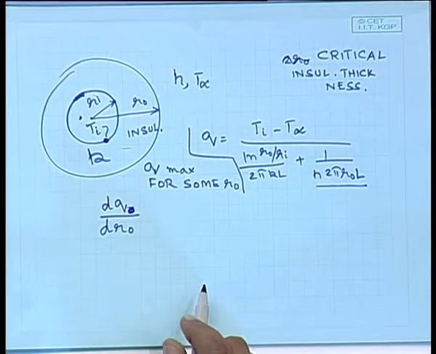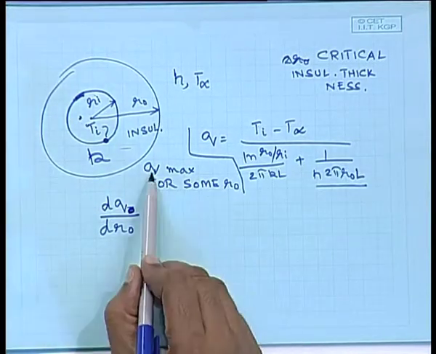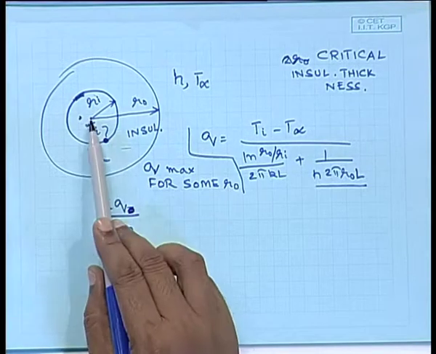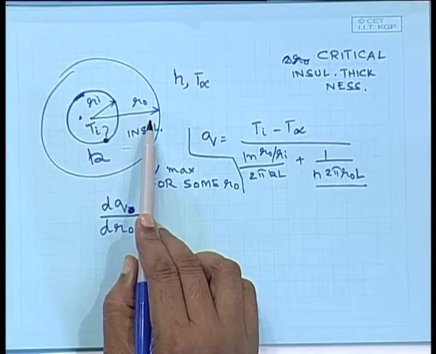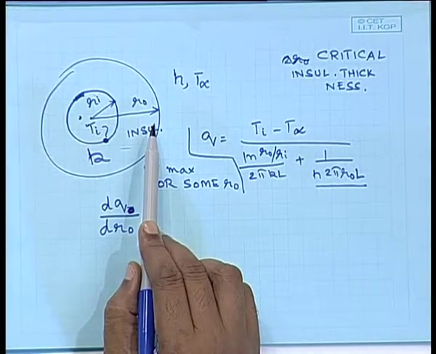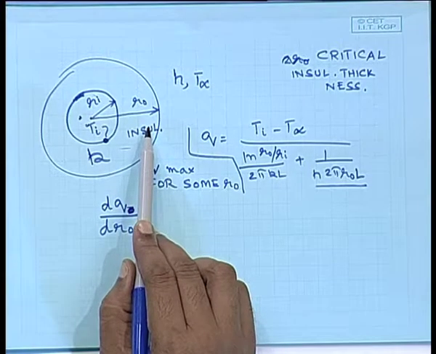That means I am trying to find out, is there a situation in which the heat loss from this pipe through the insulation to the surrounding can be maximized for some specific thickness of insulation?